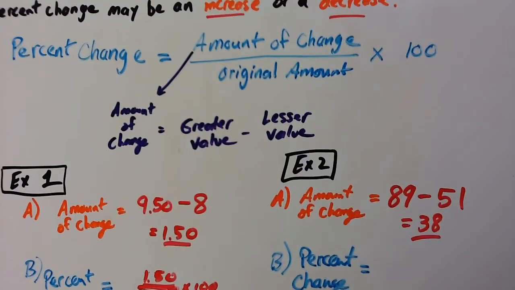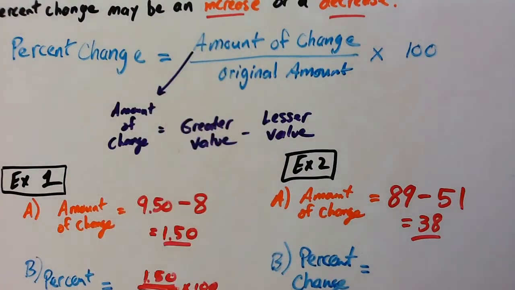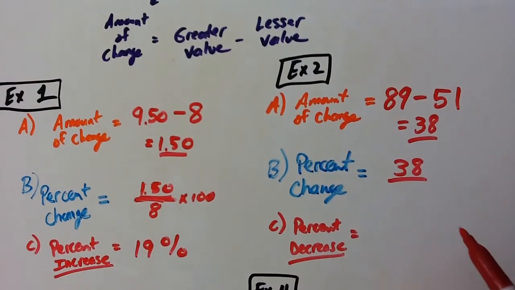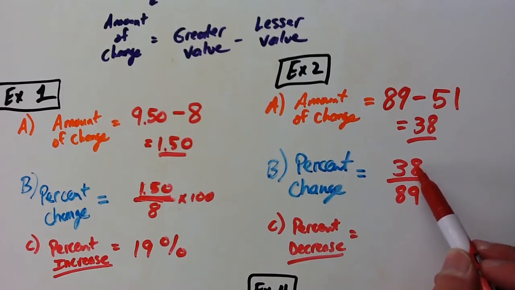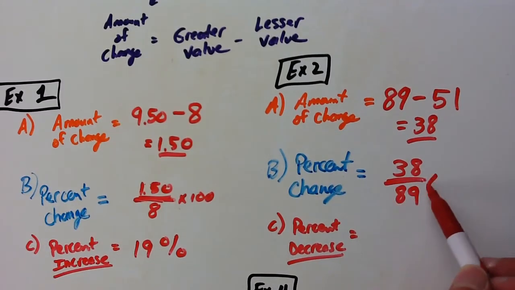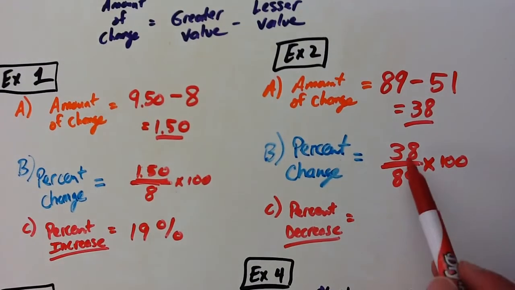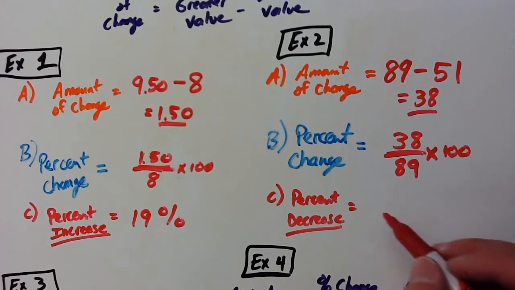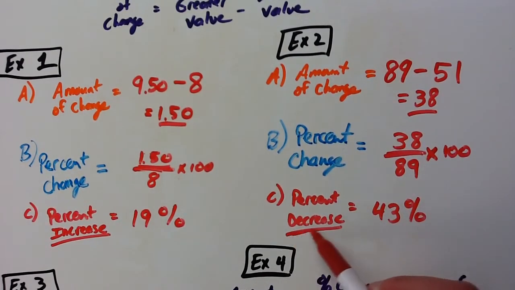Now, to find the percent change, we use this equation. We take the amount of change, 38, and divide by the original amount, which was 89 miles, and then multiply by 100 because percent is always out of 100. 38 divided by 89 times 100, rounded to the nearest whole percent, is 43%.